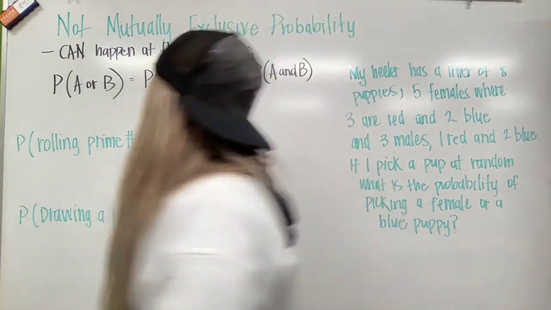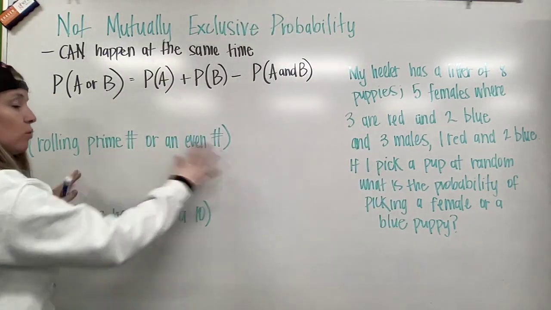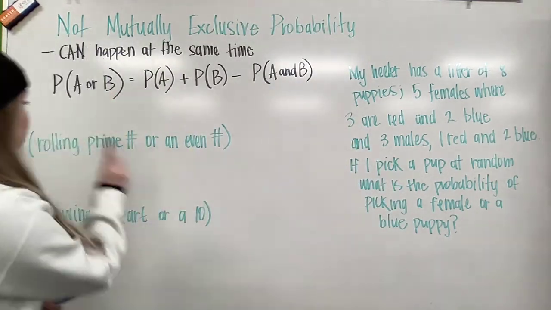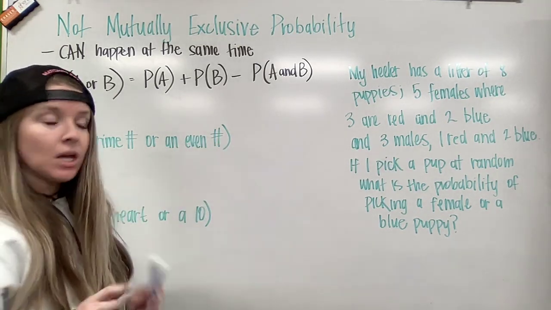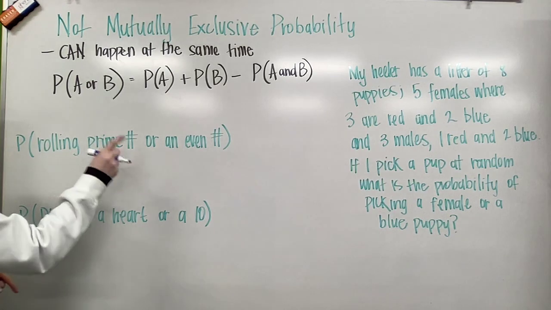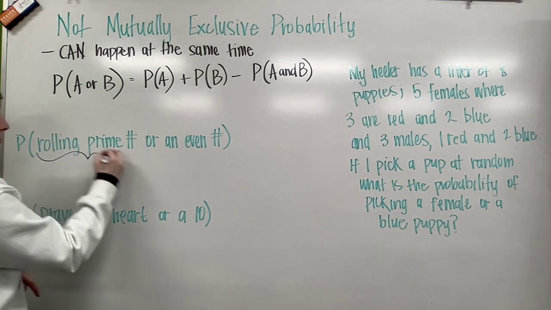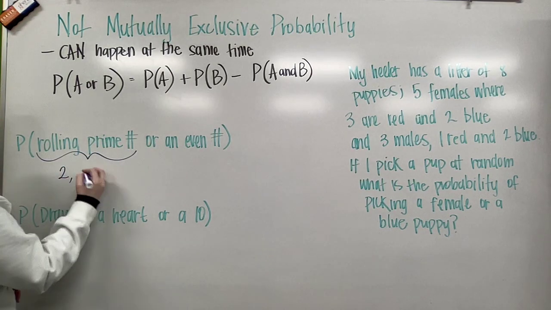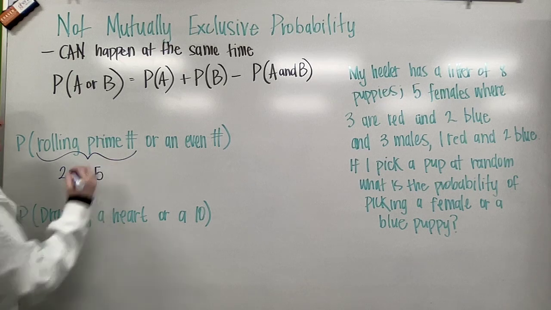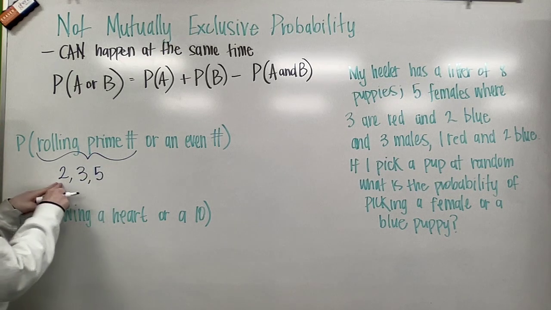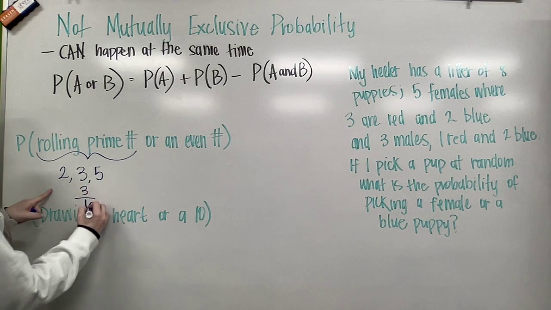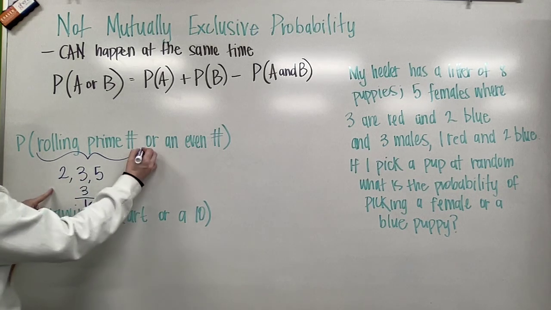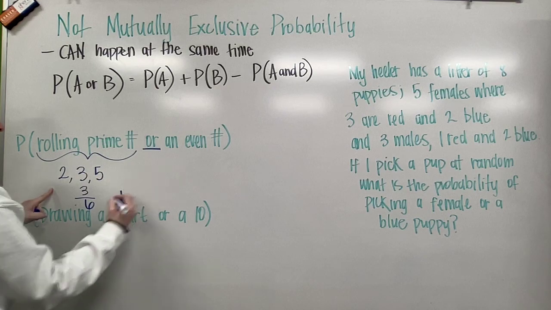Okay? So this first example, we're going to roll a die. We're going to get a prime number or an even number. On the die, my prime numbers are going to be 2, 3, and 5. So the probability of rolling this is 3 out of 6. Or means add.